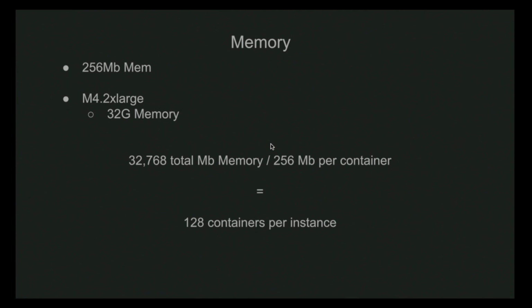This is at some level a bin packing algorithm, because the concept of bin packing is fitting the most things into the smallest amount of boxes. So this is exactly what we're doing here. We're fitting the most containers onto the smallest number of instances possible.